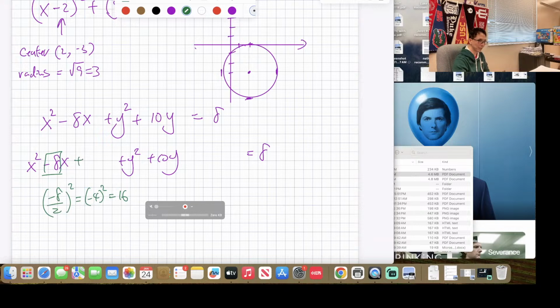So you must add 16 here, and you must add 16 to the other side, because you're adding on both sides of the equation. You're going to do the same thing here. 10 divided by 2 squared, that's equal to 5 squared, that's equal to 25. So I'm going to add 25 on this side, and add 25 to the other side.